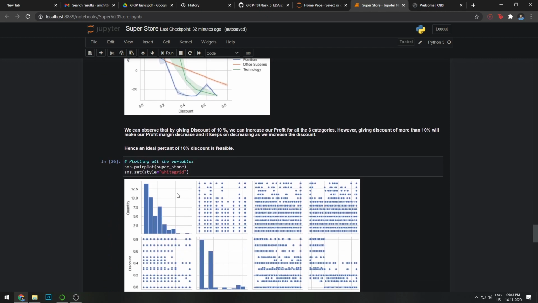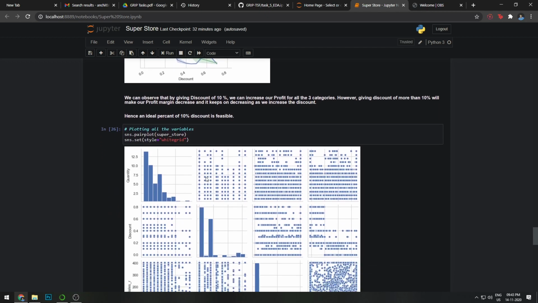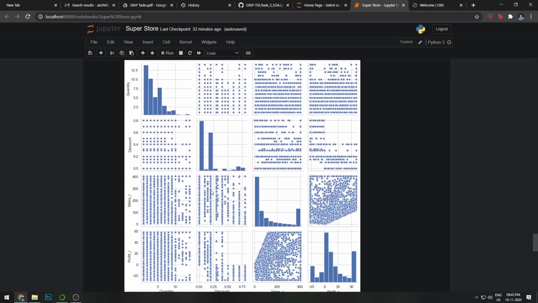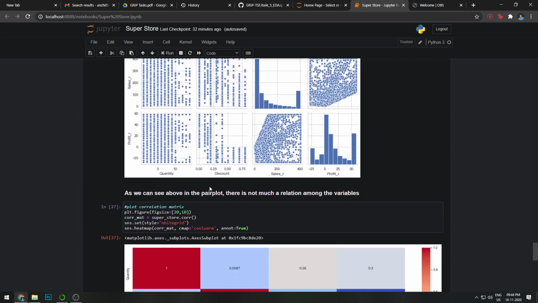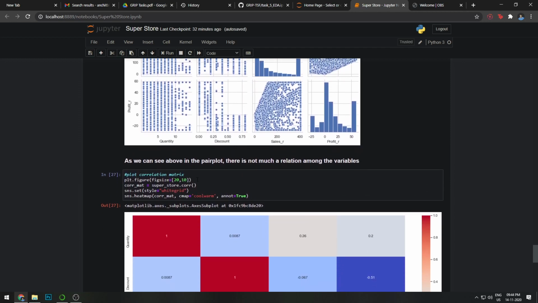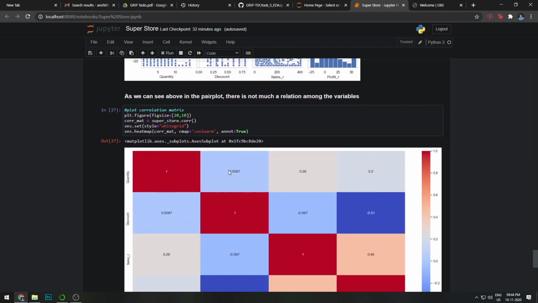Now we did the pair plotting as well. As we can see, there's not much of a significance, much of an interpretation we can make out through the pair plot. All points are scattered. So we did a correlation matrix and we did a core plot as well.